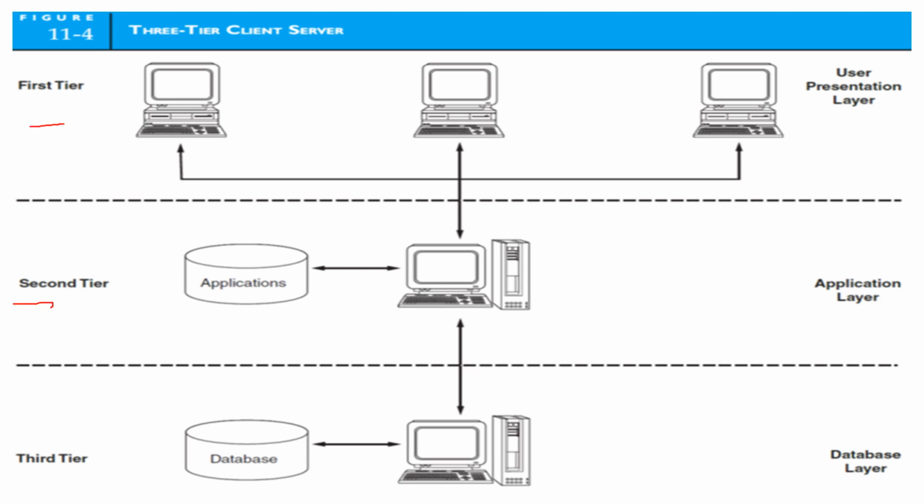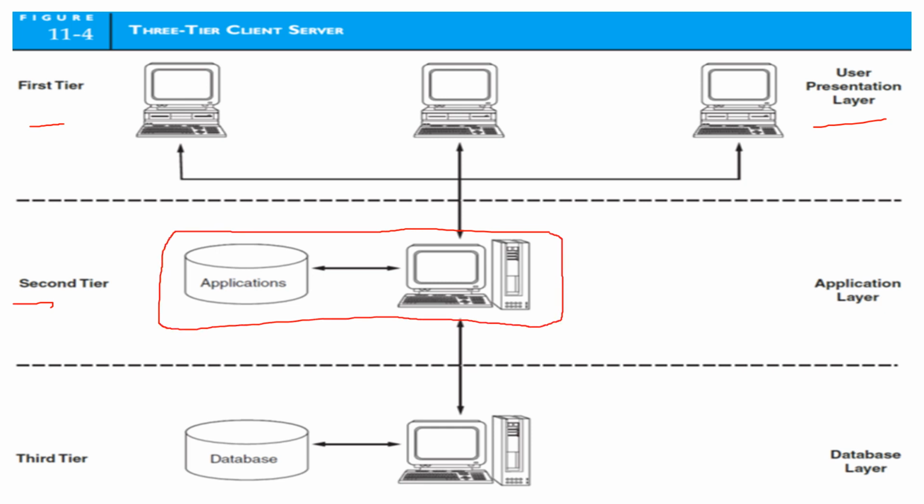In the first layer we have the users, including customers and any users of the software or the ERP system. Then in the second layer, or tier, we have the applications and the application server, and then we have the third layer, which is the database layer.